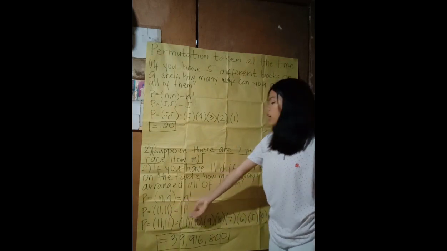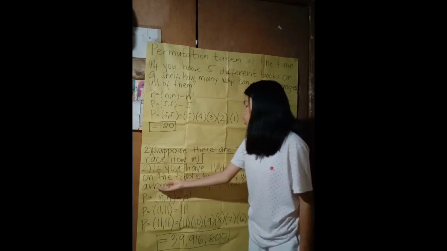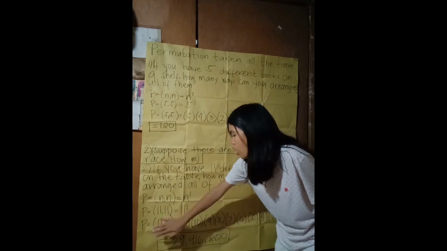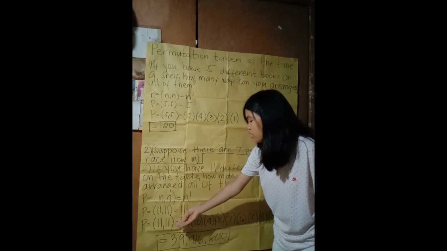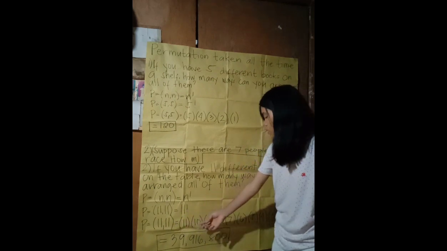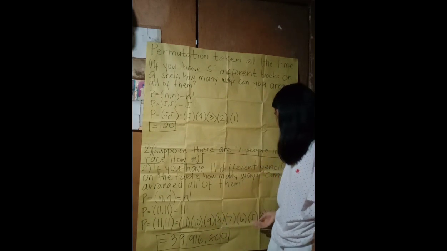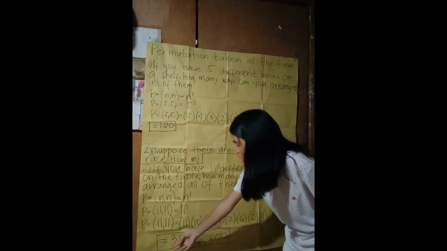So, n is 11 because there are 11 different pencils on the table. So, P(11, 11) equals 11 times 10 times 9 times 8 times 7 times 6 times 5 times 4 times 3 times 2 times 1.